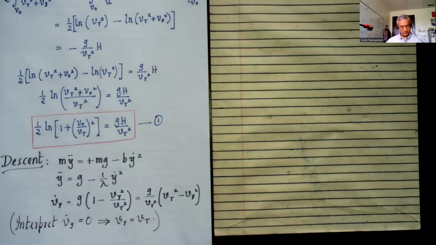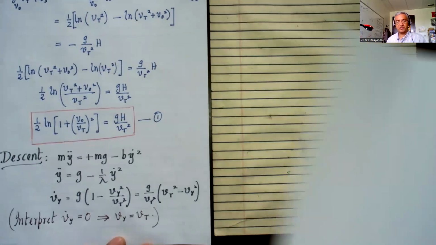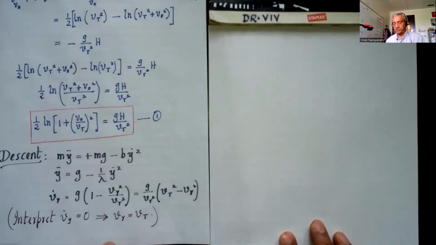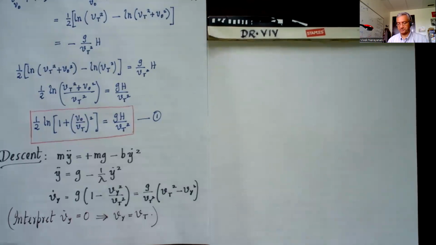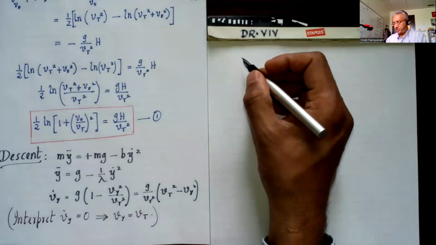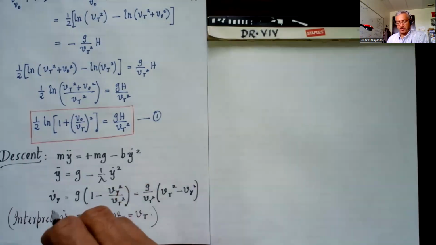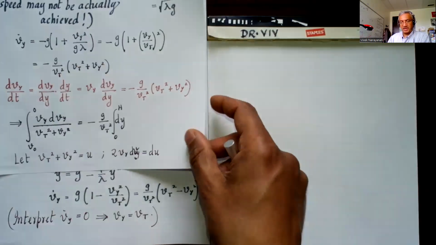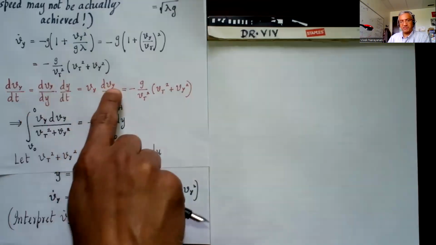Now, let's try to solve this equation. The solution is not going to be that simple. We can still separate the variables. So I'll play the same game. I'll write vy dot as vy dvy over dy.